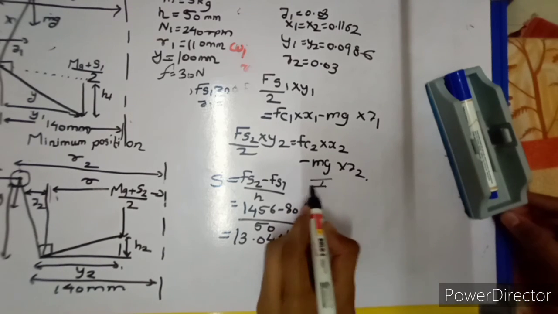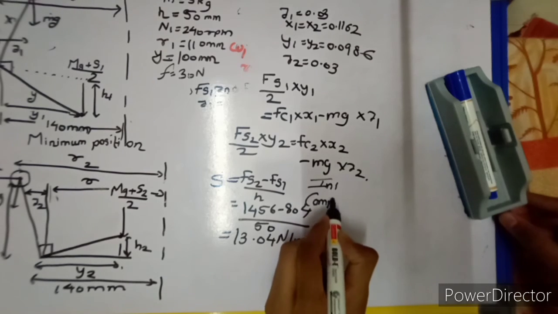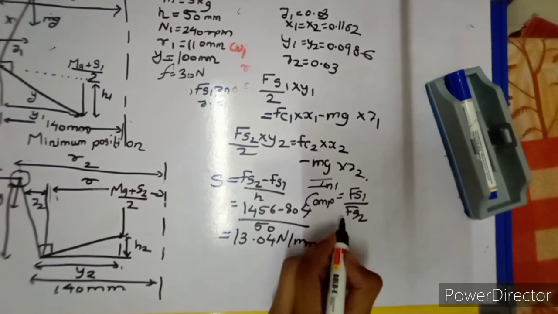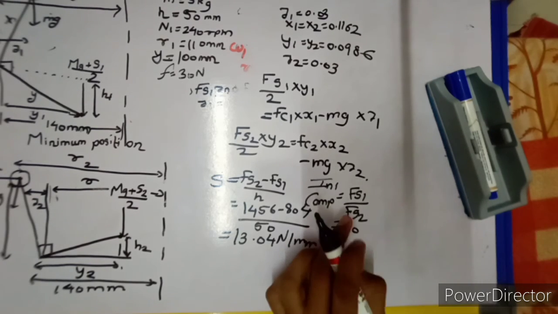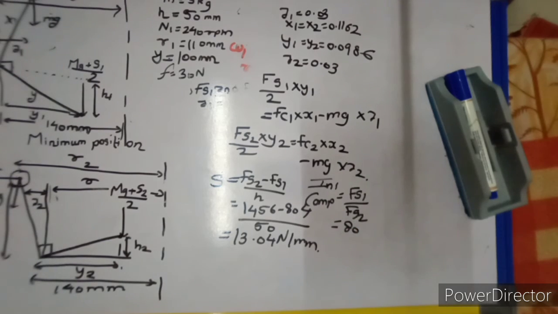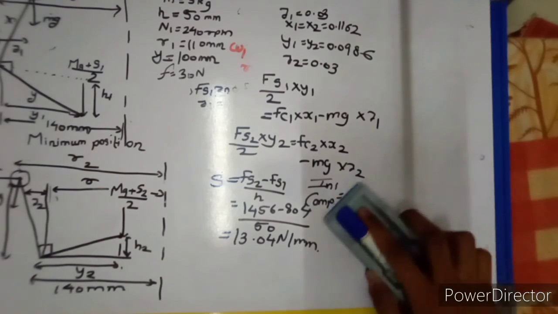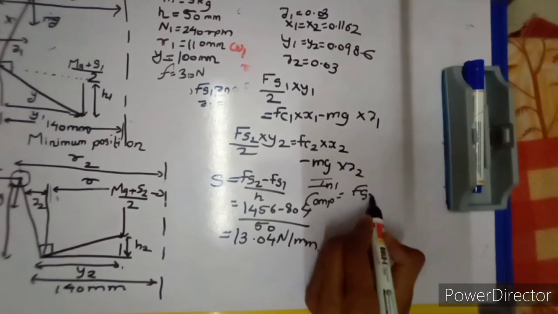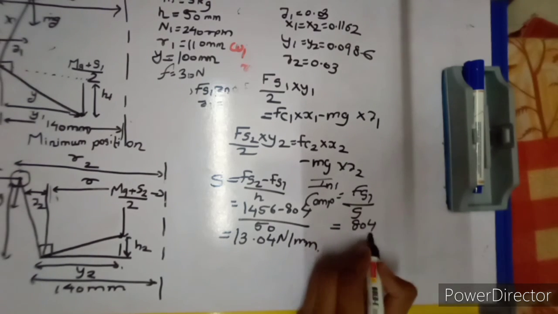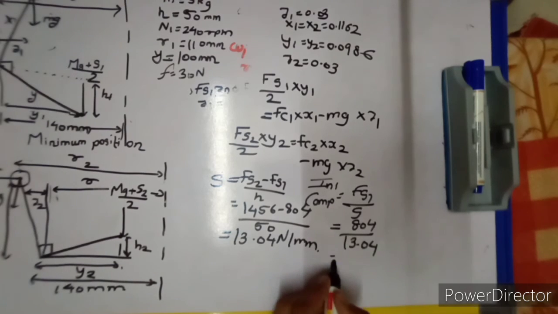Initial compression is equal to Fs1 upon S. Yes, initial compression is Fs1 upon spring stiffness. If they ask final compression, then Fs2 upon S. So 804 upon 13.04, which we get 61.66.